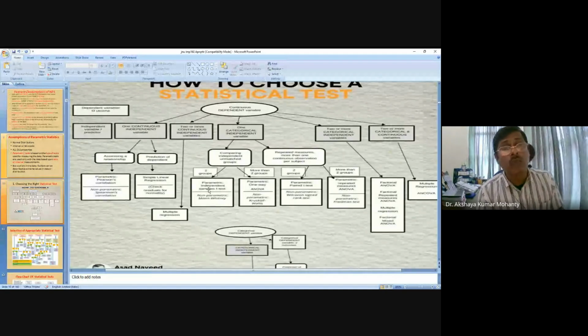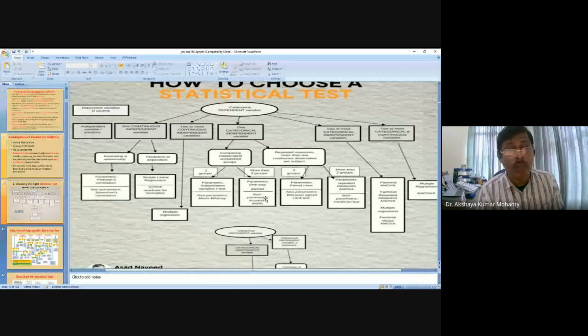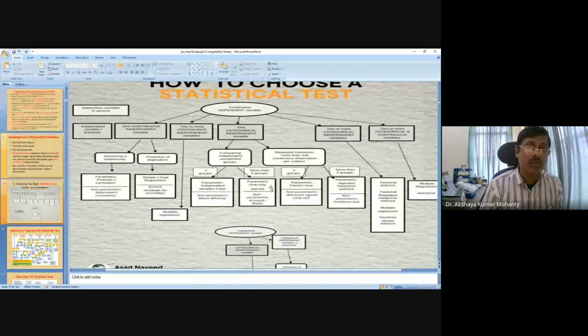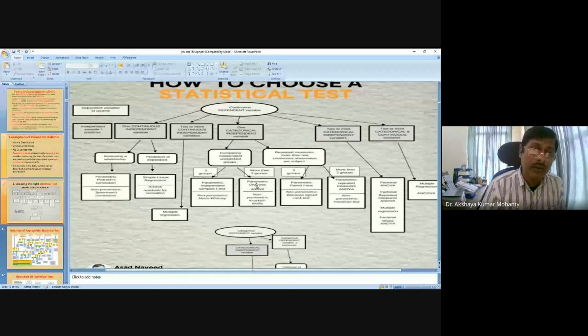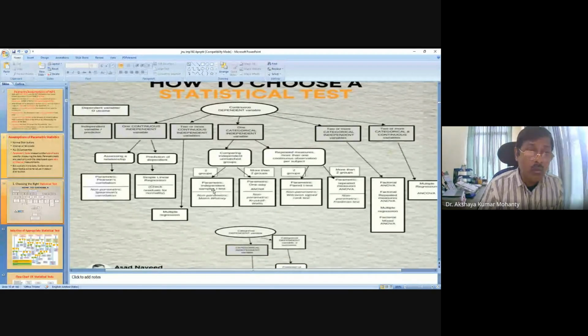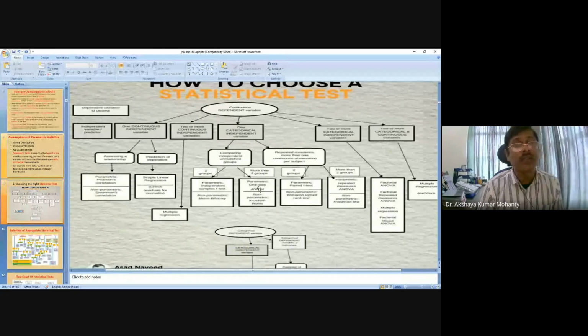So now come to the more than two groups. If more than two groups are there, also there are two options. You can go for the parametric test, and in this parametric test, you cannot use the independent sample t-test, because the independent sample t-test and one-way ANOVA are something different.